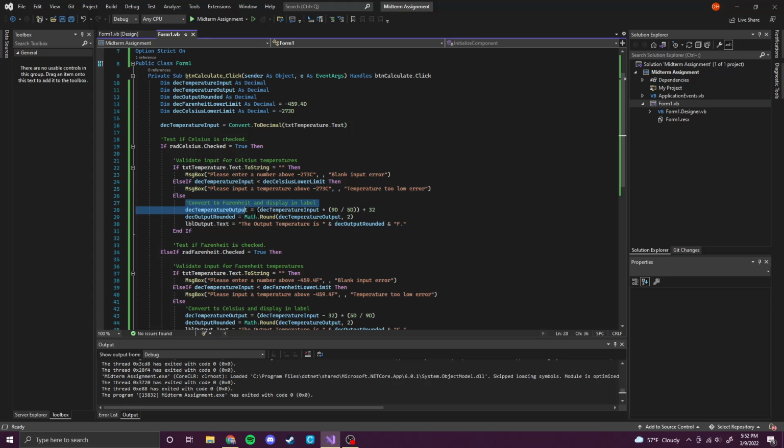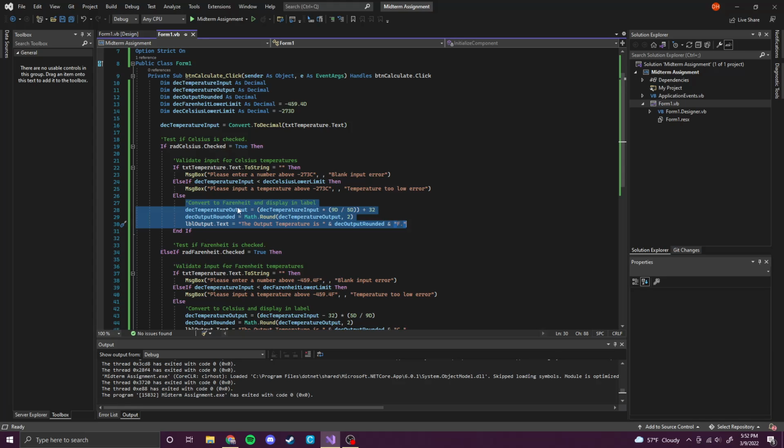And then here is the math to convert it to Fahrenheit. The output equals temperature input times 9D divided by 5D plus 32. I had to put the D in there because otherwise it tried to make those doubles.